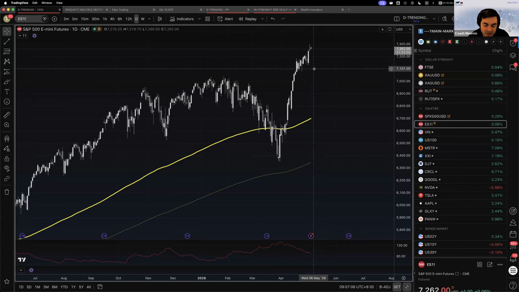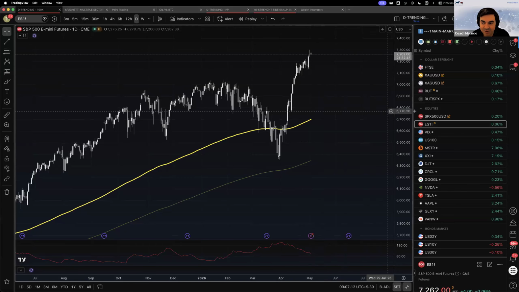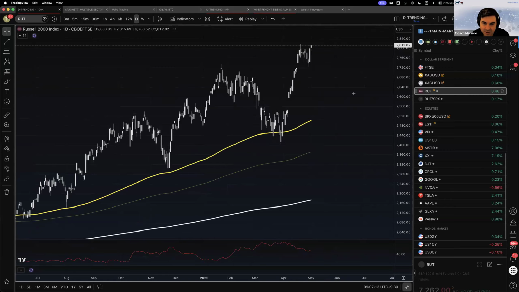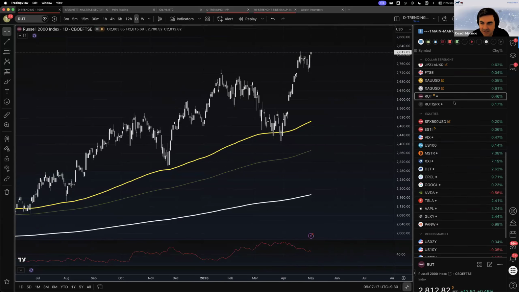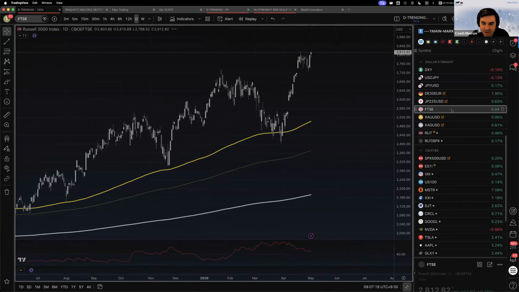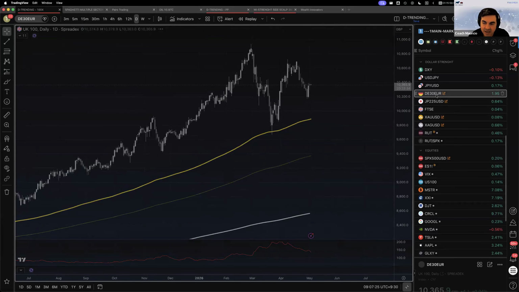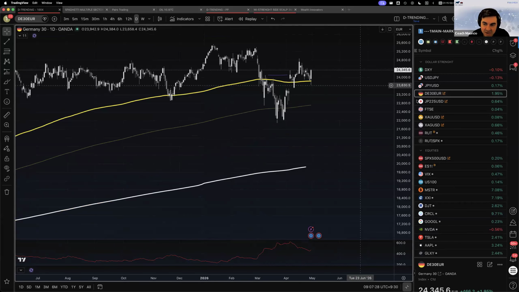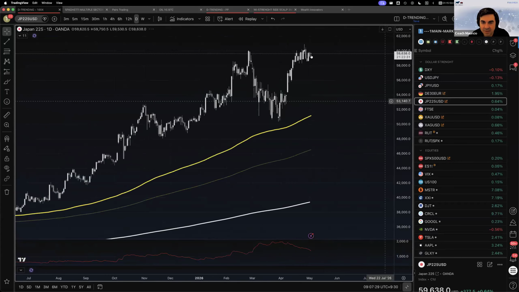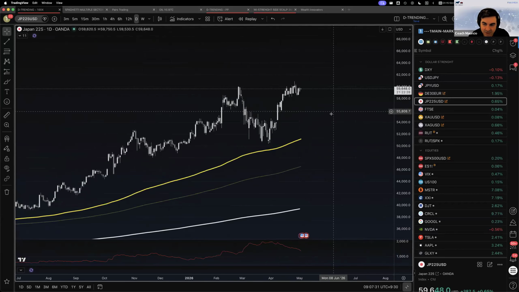Any sort of bad news will do that. But until then, it looks good. The Russell, which is the risk asset side of things, looks fantastic. The other markets are not that great. The London market is okayish, Germany is okayish, and Japan is actually doing okay.